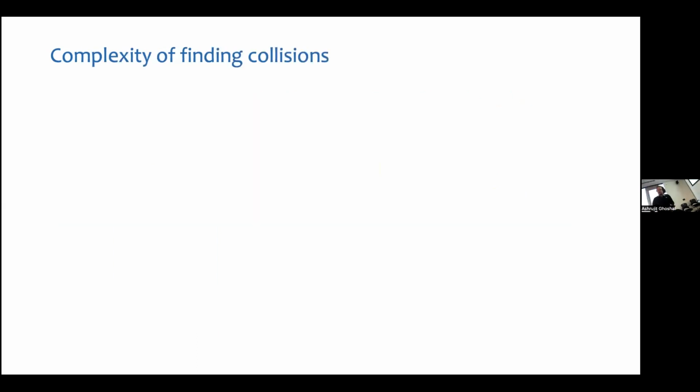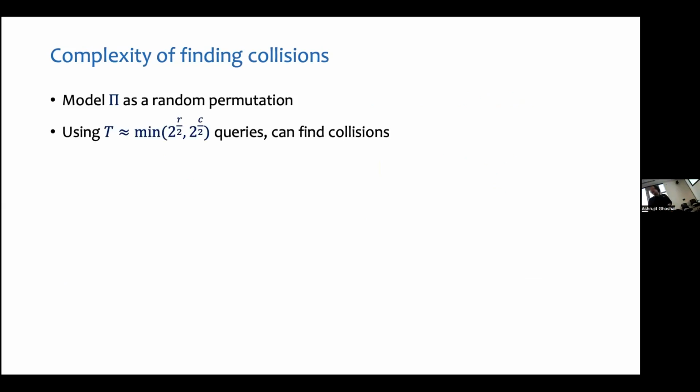When studying collision resistance of the Sponge construction, typically what one does is model this ideal object, the permutation π, as a random permutation. In this case, one can show that there's an attack with a minimum of 2^(r/2) and 2^(c/2) queries.